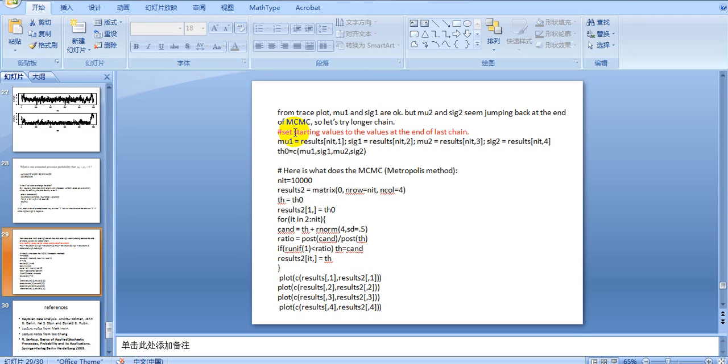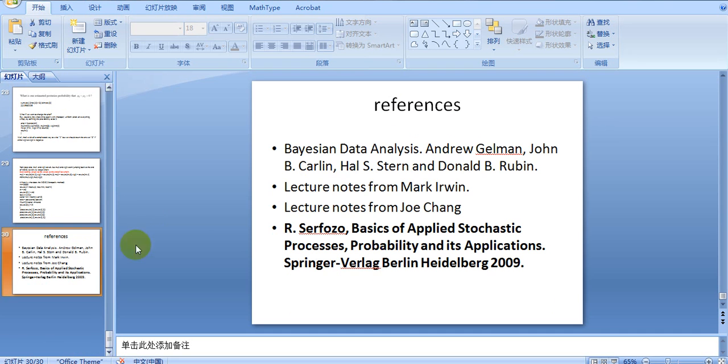Just set the starting value to the values at the end of the last chain. Then you run it. It's like you run another 10,000 steps of the Markov chain. Okay, I think that's all. These lecture notes are based on those references.